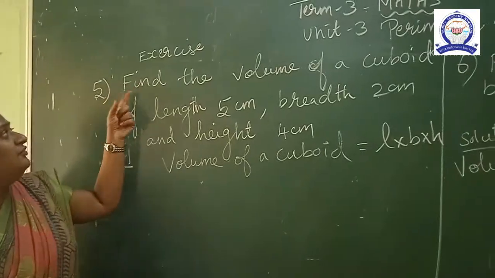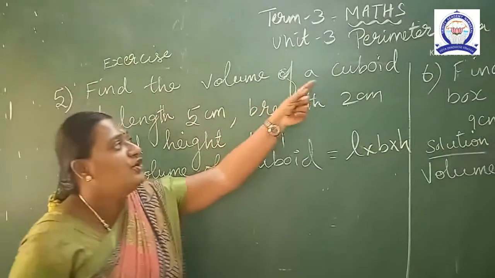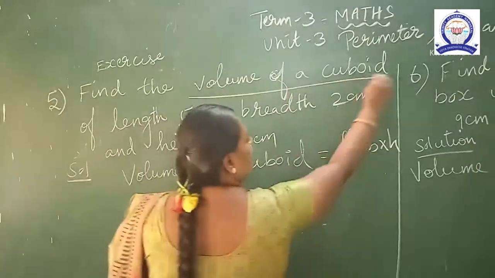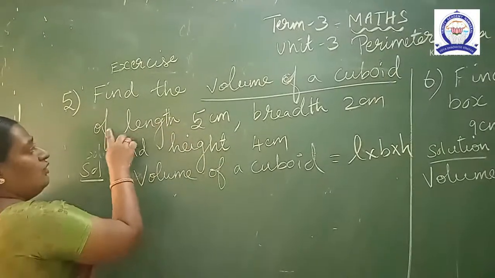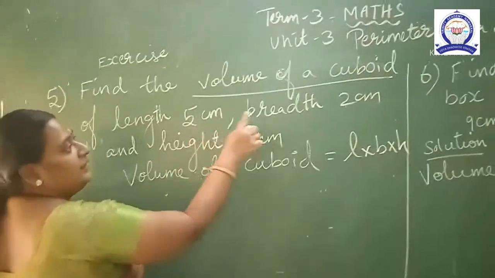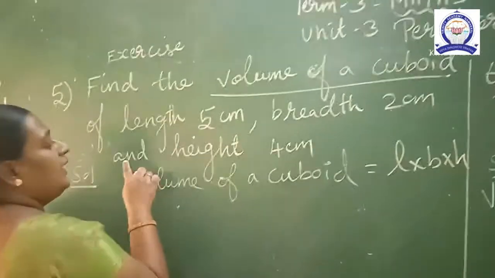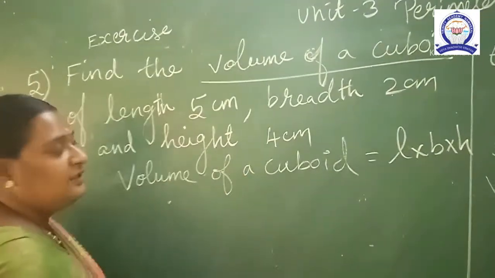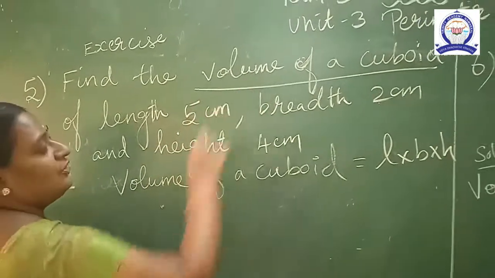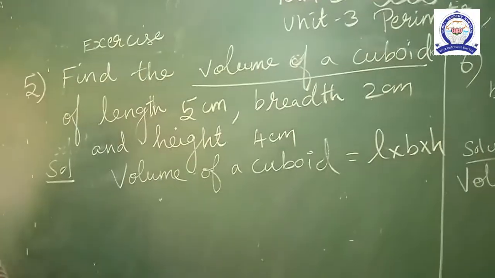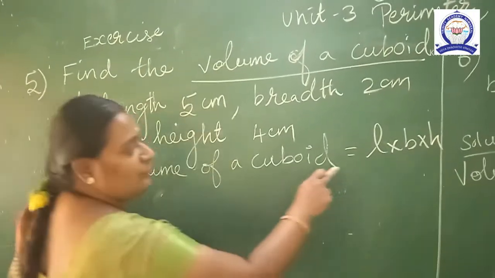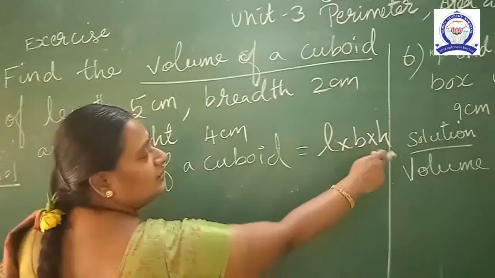Next is the fifth sum. Find the volume of a cuboid of length 5 centimeter, breadth 2 centimeter and height 4 centimeter. What is the formula for volume of a cuboid? Volume of a cuboid is equal to length into breadth into height.